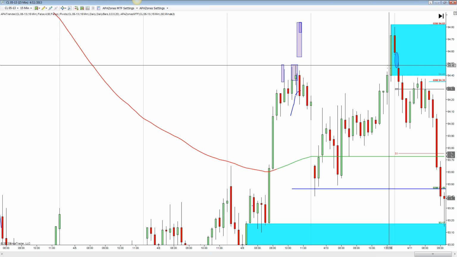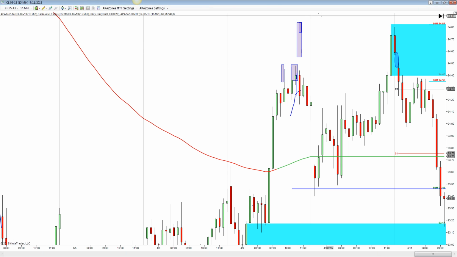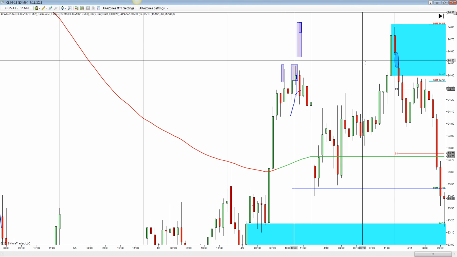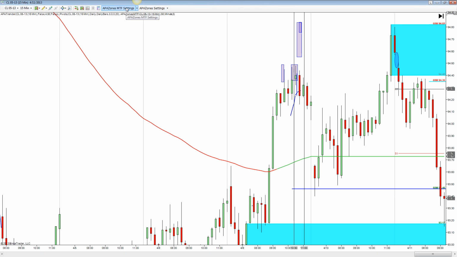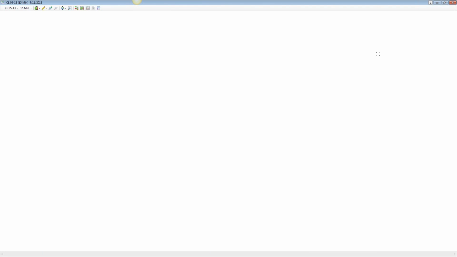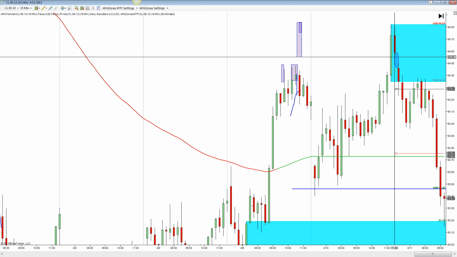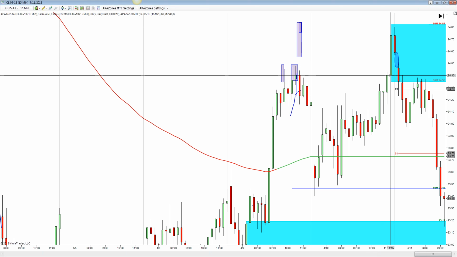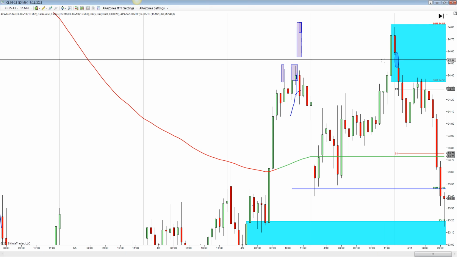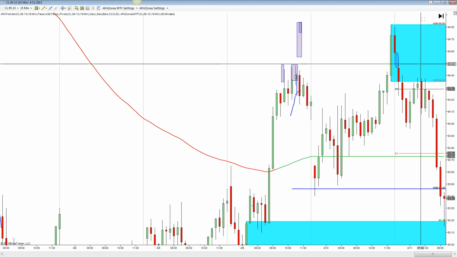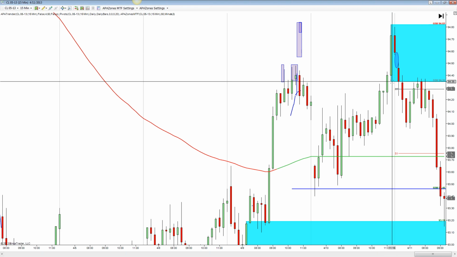You see that big bar that it takes there? So you see the difference in the zone type and how that plays into everything. If we change it to liberal, I'm sorry, it took the high down to the open of that candle. If we change it to liberal, it takes the whole thing right here.